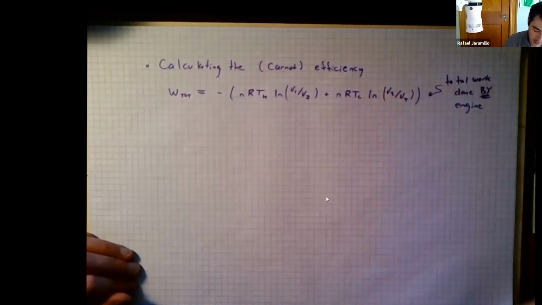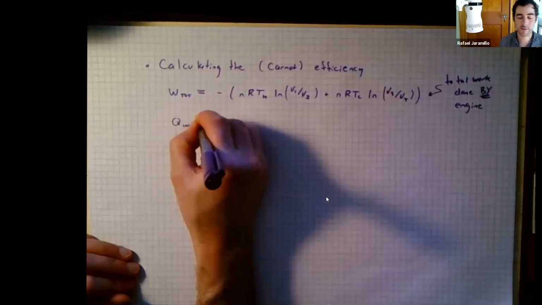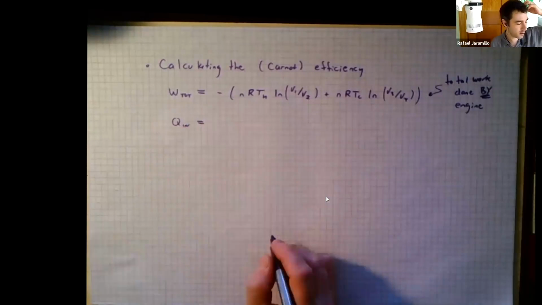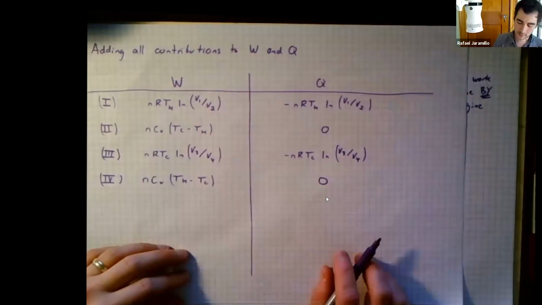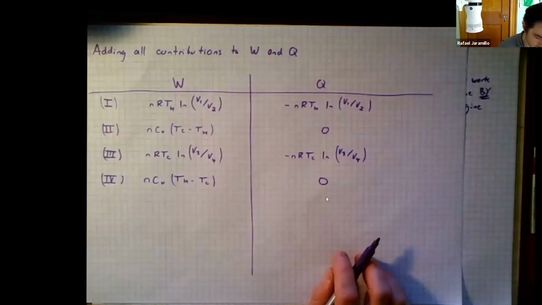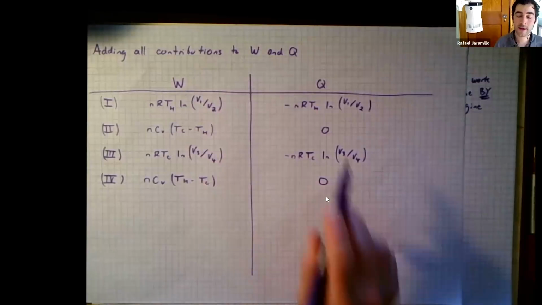What about the heat in? How much thermal resource, how much fuel did you burn to run this thing? What's that going to be? That's the heat received at the high temperature isotherm.